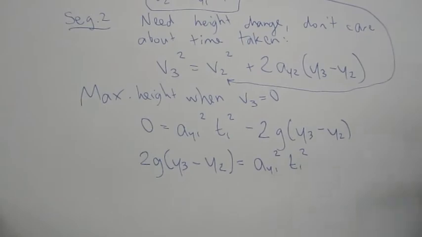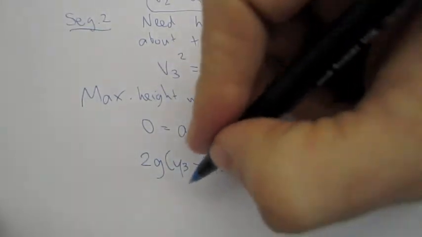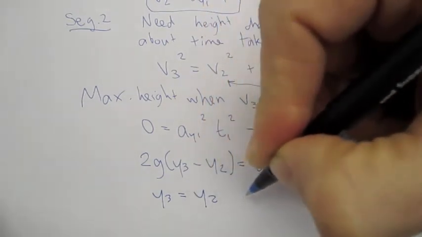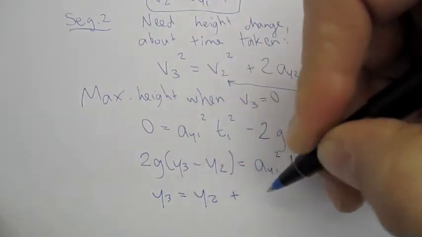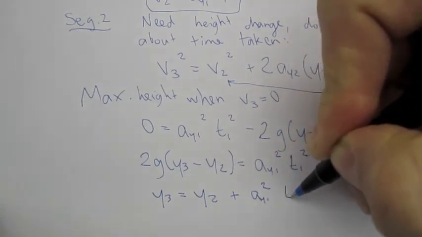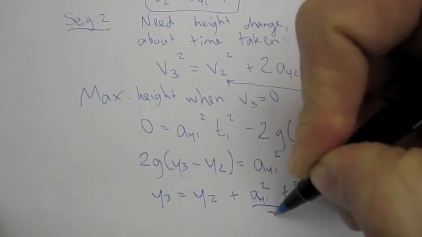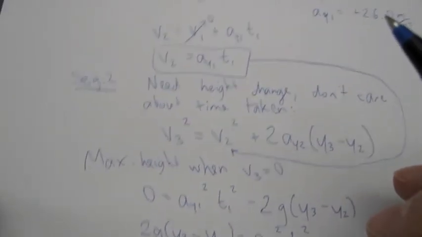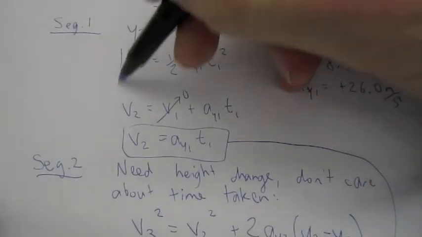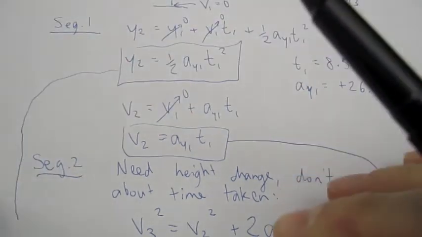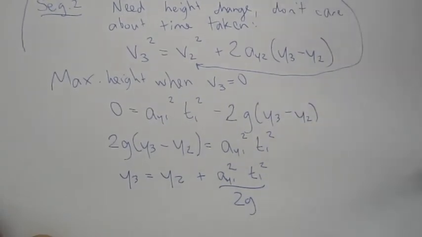We're trying to solve for y3 here, so we get y3 equals y2 plus ay1 squared times t1 squared divided by 2 times g. We also know y2 from above, way up here. There it is, so we can plug that all the way down into here.